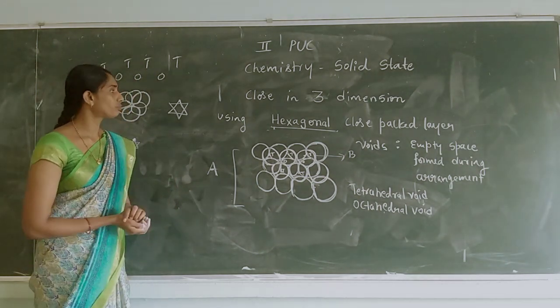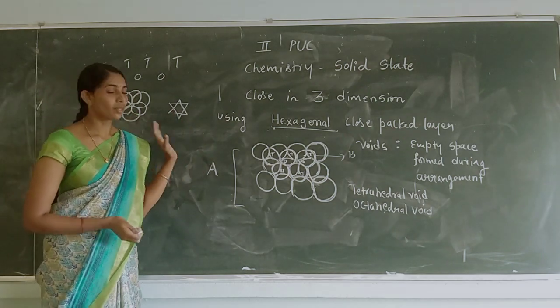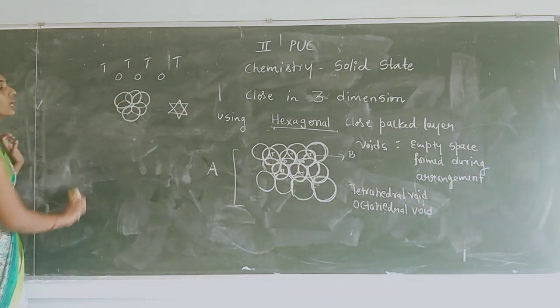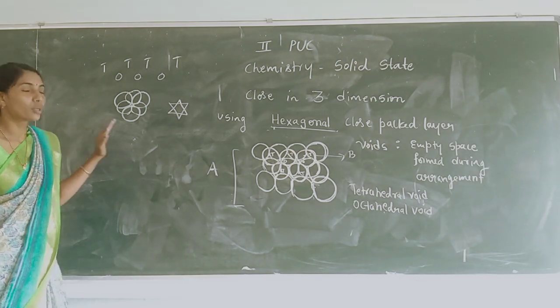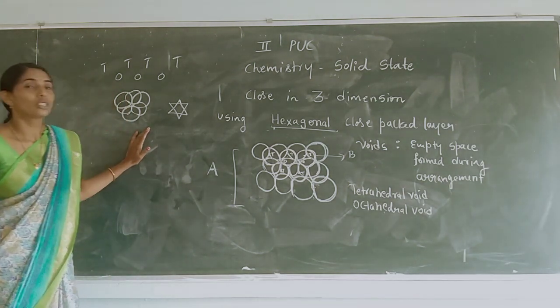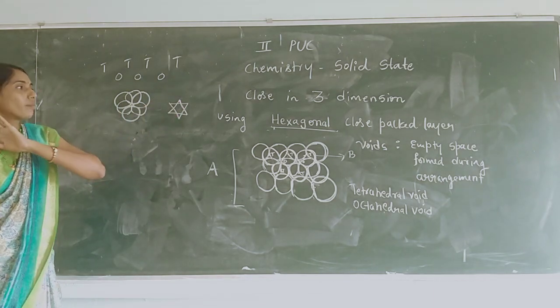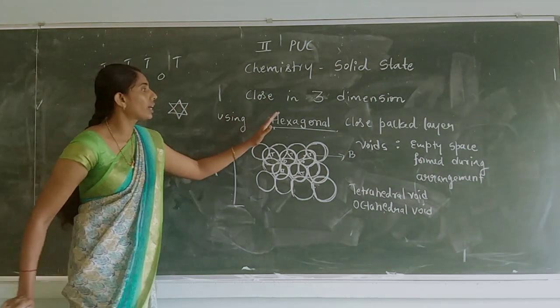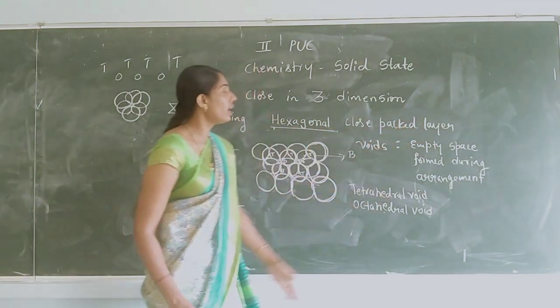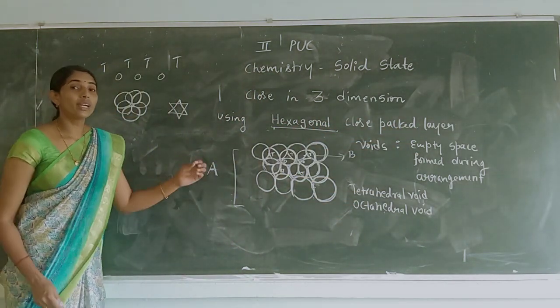So remember, first, three-dimensional close packing by using the square close packed layer, the pattern itself repeats. But three-dimensional close packing by using the hexagonal close packed layer, there are different possibilities.